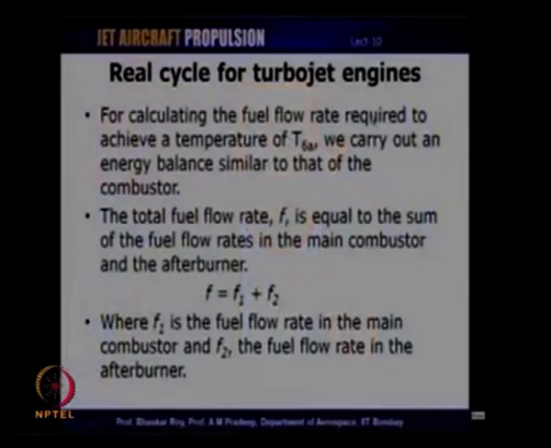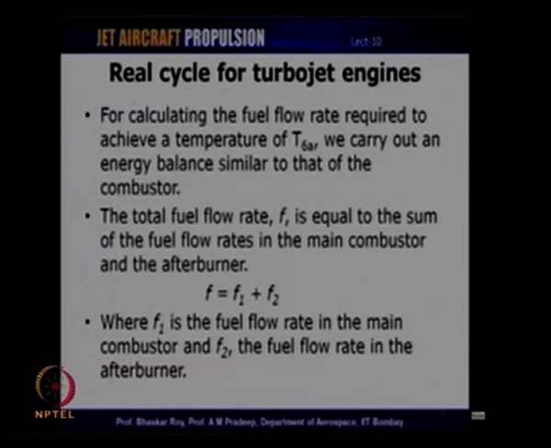You add more fuel just after the turbine exhaust, and then you gain additional thrust. And so, in an afterburning turbojet cycle, we basically need to calculate the fuel to air ratio. We need to achieve a temperature denoted by T06A, and for that we have to carry out an energy balance similar to that of the main combustor.